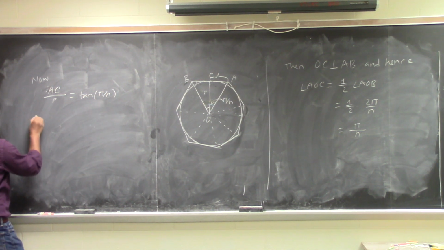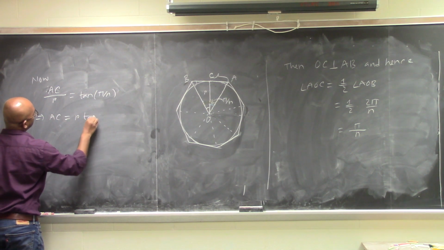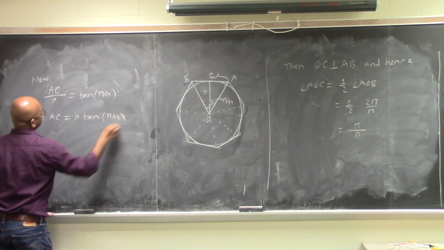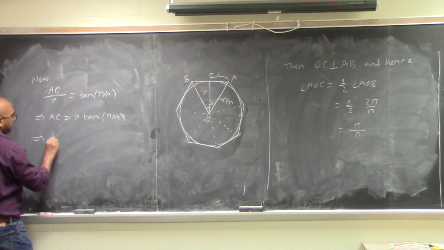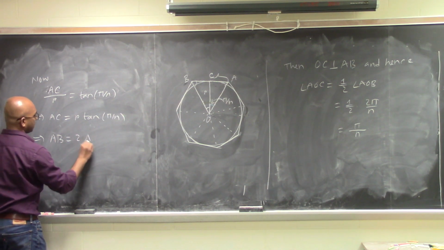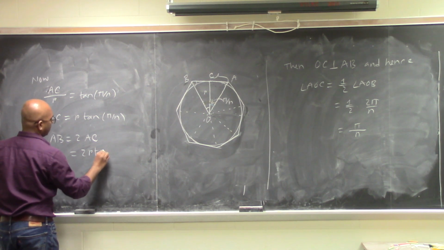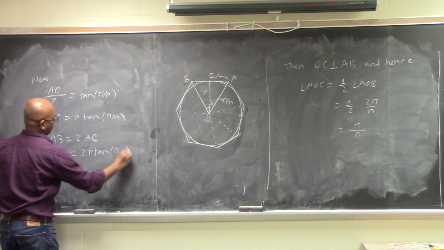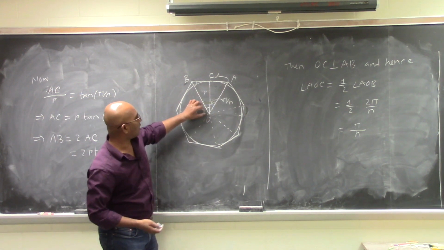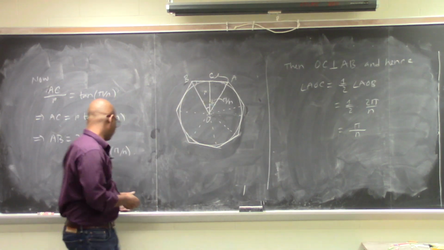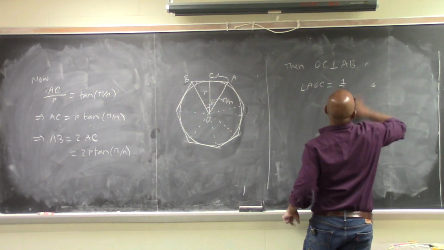So that makes AC equal to R times tan pi over n. And since OC is a perpendicular bisector, AB is 2 times AC, so that makes it 2R tan pi over n. Okay, so we know what AB is, we know what OC is, and then we can actually get area of this triangle OAB, right?